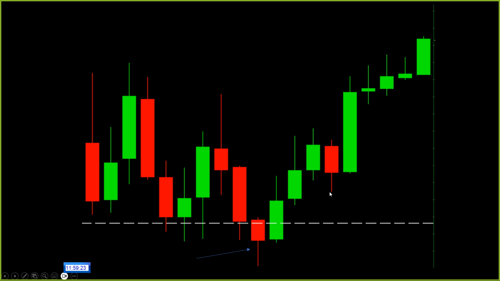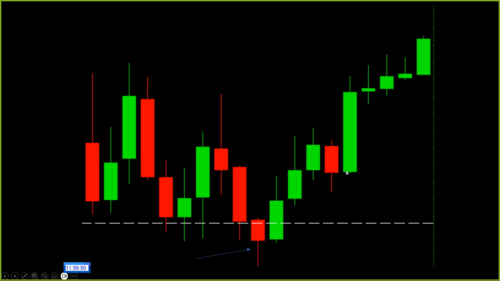but you could consider this a reversal candle, but it really isn't, because the wick is either the same or shorter than the body. So this really isn't a reversal candle. Just because it has a wick to the bottom, it's not longer than the body.